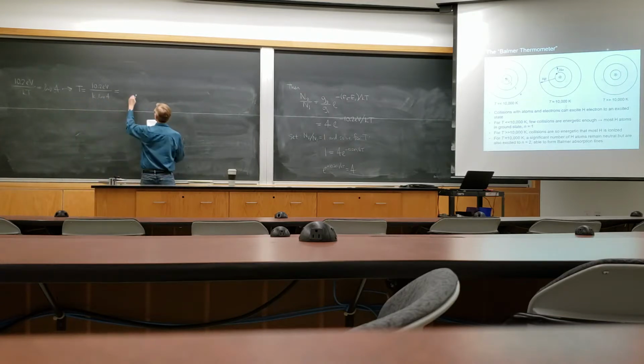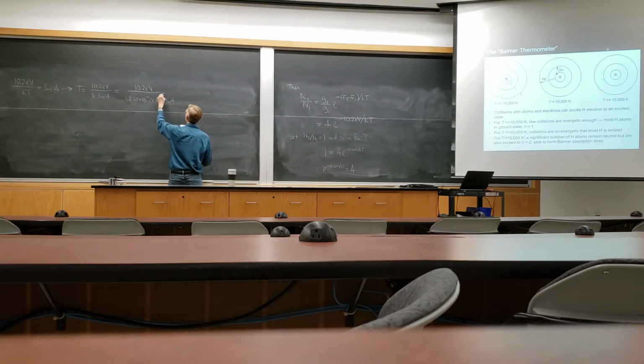So this gives 10.2 eV over 8.62 times 10 to the minus 5 eV per Kelvin times the natural logarithm of 4. Throw that into Mathematica or your calculator, and the result is 86,400 Kelvin.